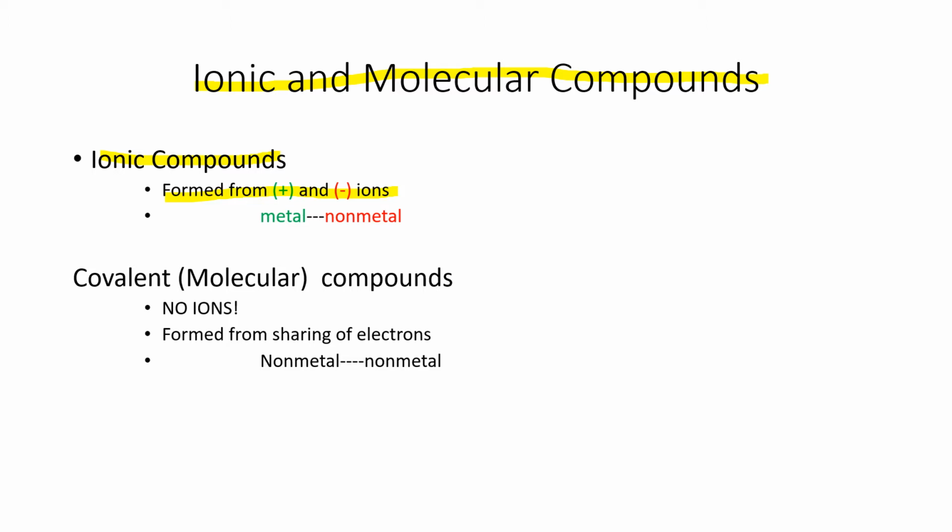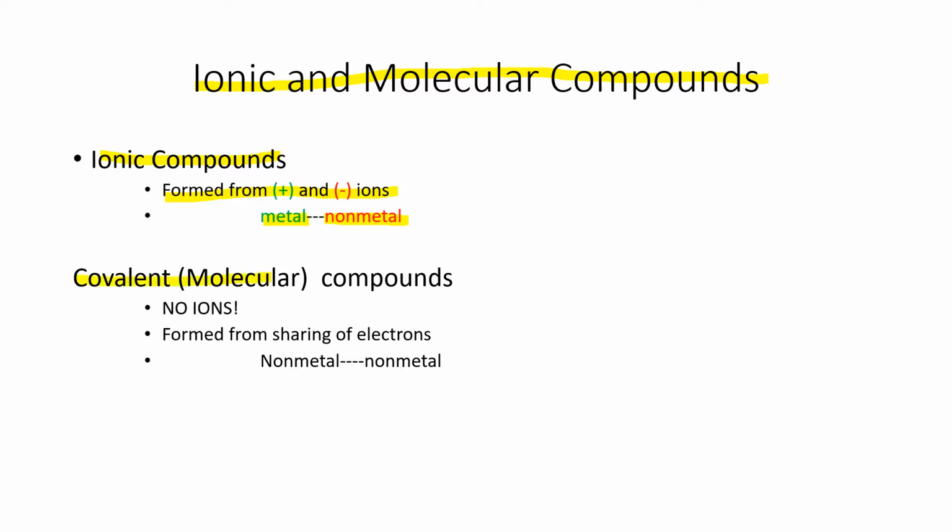What we saw before is that our positive ions usually come from metals, and our negative ions usually come from nonmetals. So if you're seeing a metal and a nonmetal, that's your clue that you're dealing with an ionic compound.